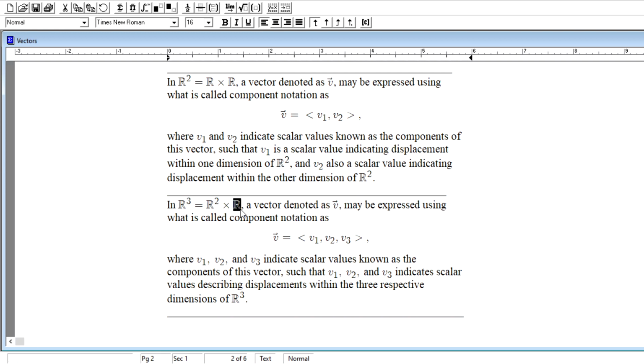This third description of R highlights that third direction. If R2 is often described using the variables x and y, we should understand that this third dimension of space is commonly described using the variable z. We might say we have an x, y, z coordinate in our 3-dimensional space.